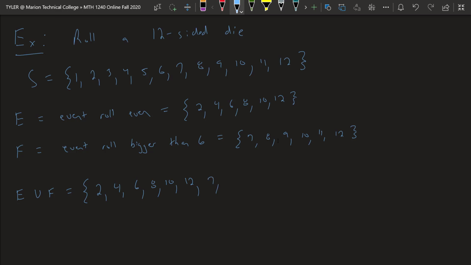An 8's not new, so I don't need to list that. A 9 would be new. We have a 10 already. 11 would be new from F, and then a 12 we already have written, right? So that would be the end of that. In other words, the elements I'm underlining are in E, so I don't need to list them again because we already wrote them down.